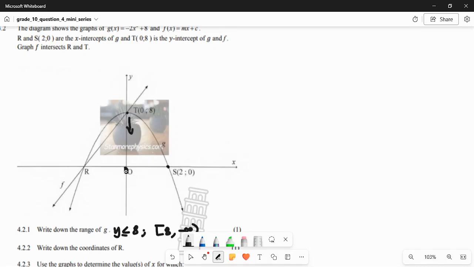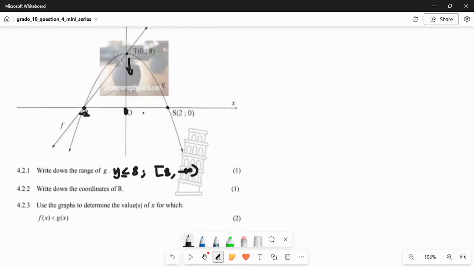Similarly, moving from x equals 0 to the x-intercept on the left, I should get 2 units, but since I'm moving to the left, I have negative 2. So R is (-2, 0). I just use the midpoint of a parabola.